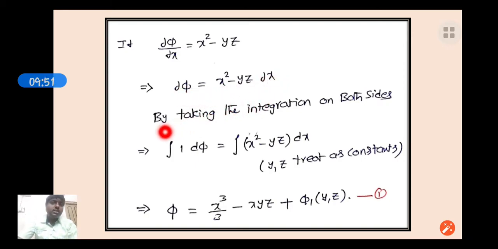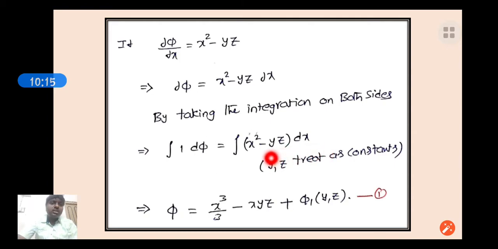So, by taking integration on both sides, integral of dphi, ∂phi will be treated as dphi, so integral 1 dphi is equal to integration of (x² − yz) dx, by treating y and z as constants.